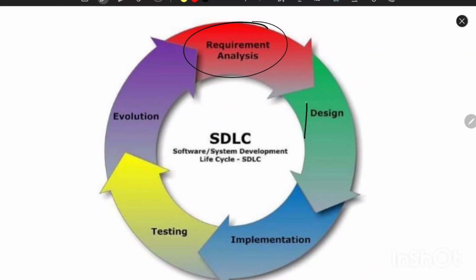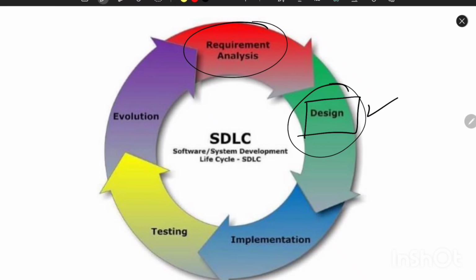What you do now is make a design. Just like before making a program we make a flowchart of it. Like in the real world, before building a new company or a building, you make a blueprint of it. Just like that, before making a software, you make a design of it: how the software will look, how many pages are coming inside it, what the features are inside it.